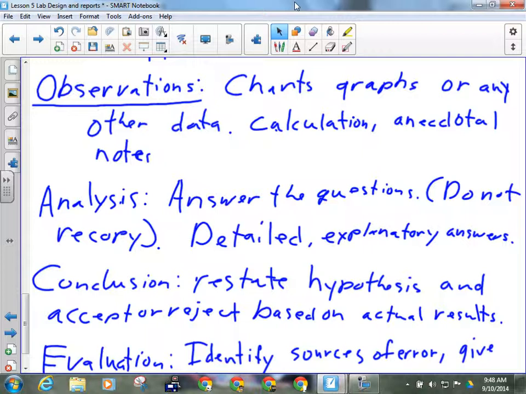You just have to explain what parts of it were acceptable and what parts weren't. So you restate your hypothesis. That's super easy for you guys: you go up to hypothesis, highlight, copy, and then come down and paste. Done. Then explain why you accept or reject it based on your results.